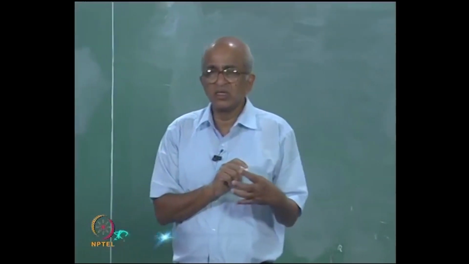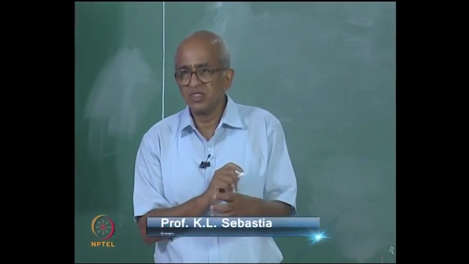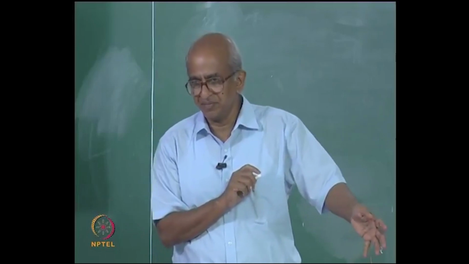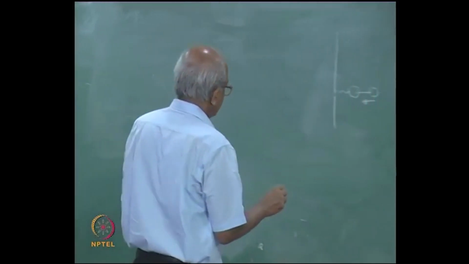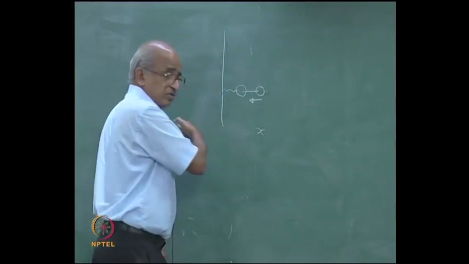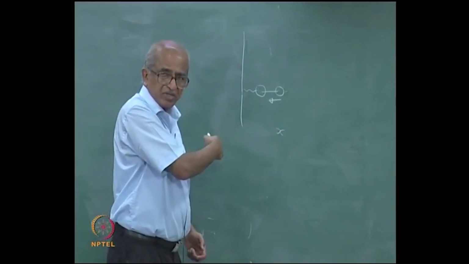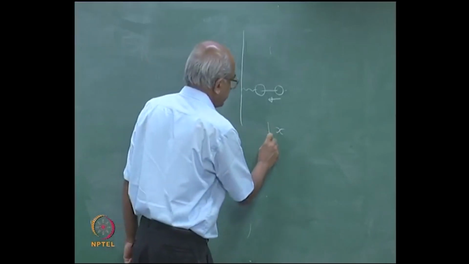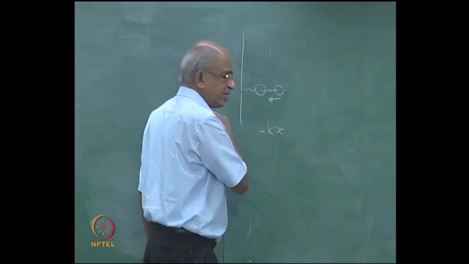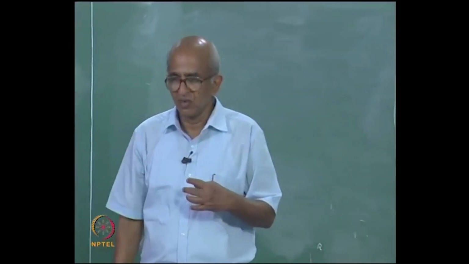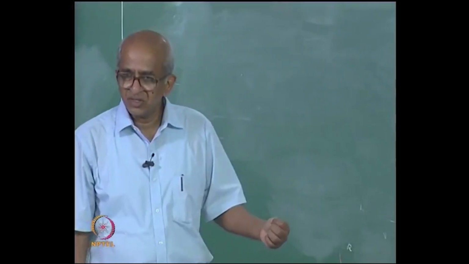And the simplest thing is to say that the restoring force is proportional to the amount by which I have displaced the atom. So, if x is the displacement of the atom from the equilibrium position, the restoring force trying to bring it back will be equal to k times x with a negative sign. The negative sign is put because it is in the opposite direction. So, this will be the restoring force.